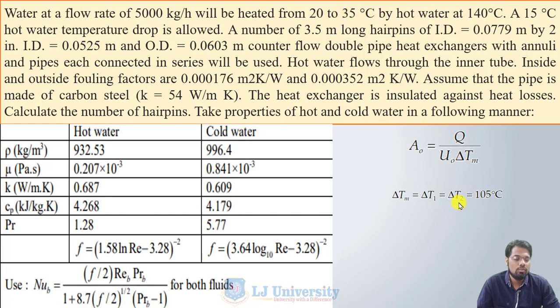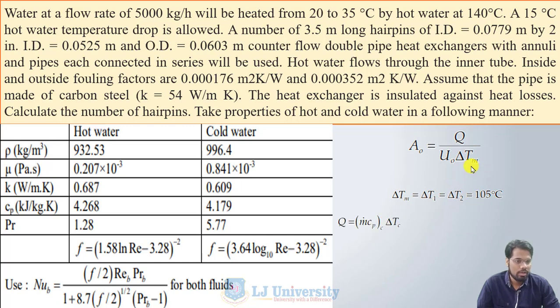Similarly, ΔT2 would be Th2 minus Tc1, so 125 minus 20, which becomes 105. Also 140 minus 35 gives 105. So here ΔT1 is equal to ΔT2, and for counterflow configuration, when ΔT1 is equal to ΔT2, that is the ΔTm.